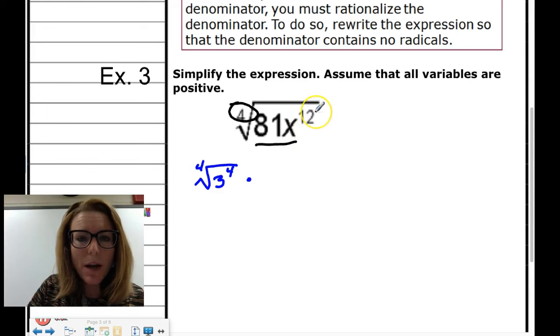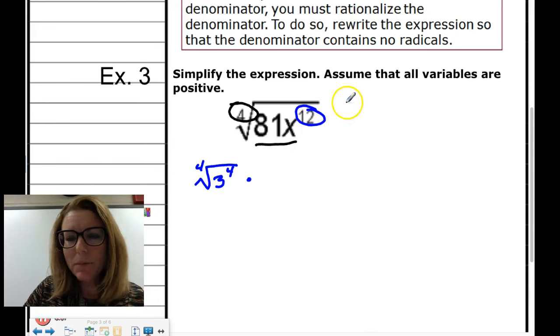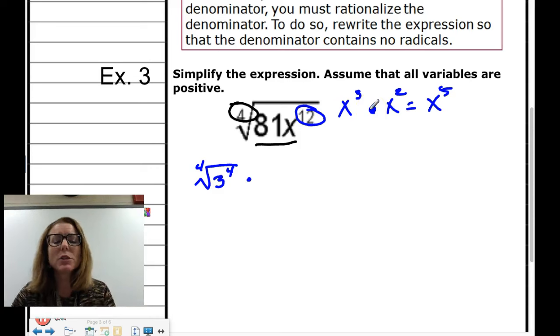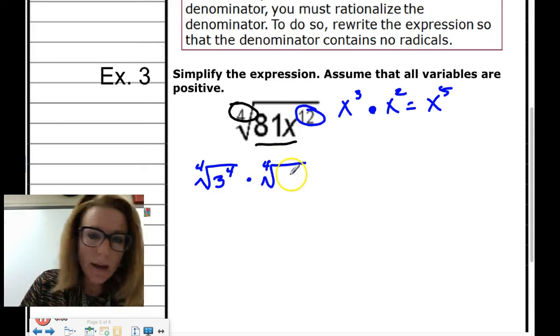Now I'm going to break up the x to the 12th. Let's review something. We know that x cubed times x squared is equal to x to the 5th. When you multiply two bases that are the same, you add their exponents. So we're going to break x to the 12th up into groups of 4.